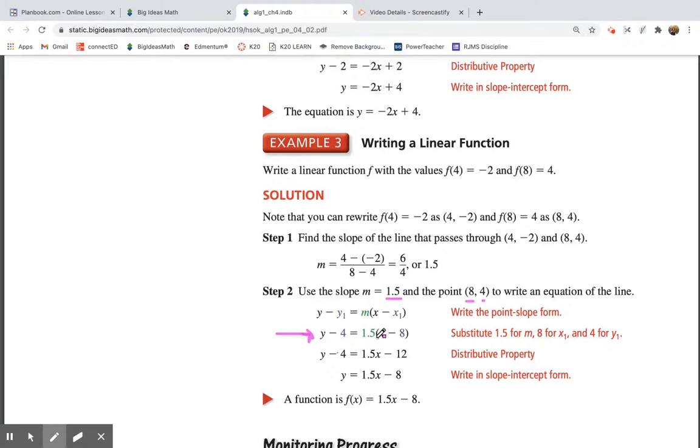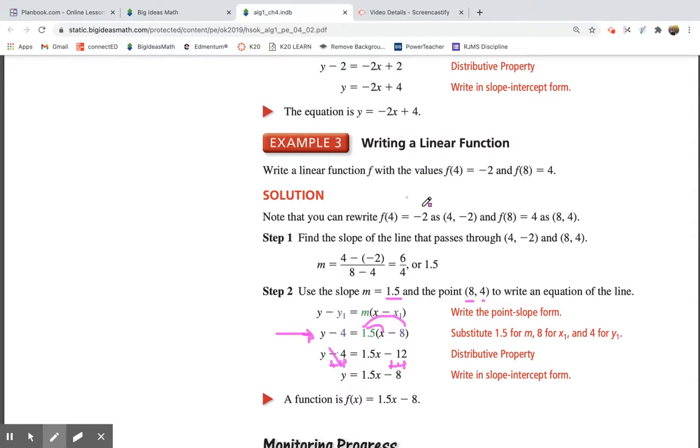I can't get rid of this 4 until I get rid of these parentheses, so we distribute. y minus 4 equals 1.5x minus 12, because 1.5 times 8 is 12. Then we can add 4. When we add 4 to both sides, we get y equals 1.5x, -12 plus 4 is -8, so -8.